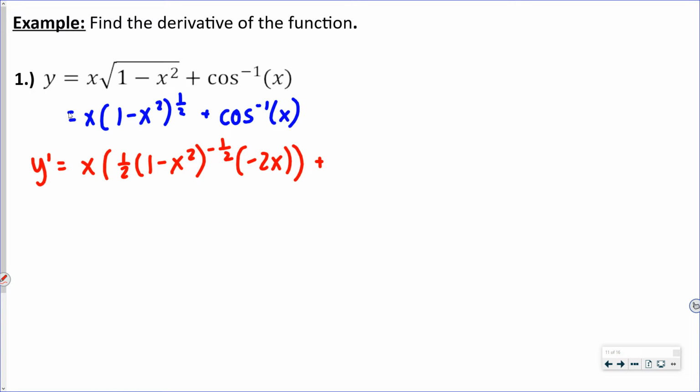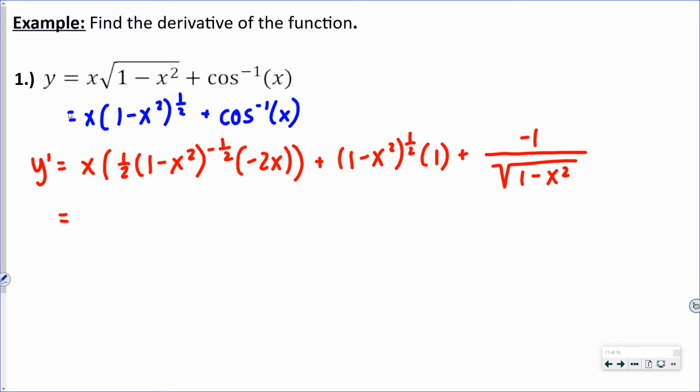Plus second factor times the derivative of my first factor, which is 1. Plus my derivative for cosine inverse is similar to sine, 1 minus x squared under the radical, but I have a negative 1 up top. Okay, let's simplify this a bit. So here, I have that 2 and that 1/2.